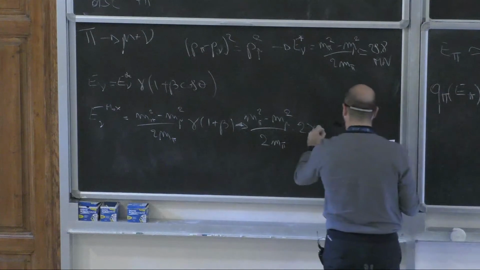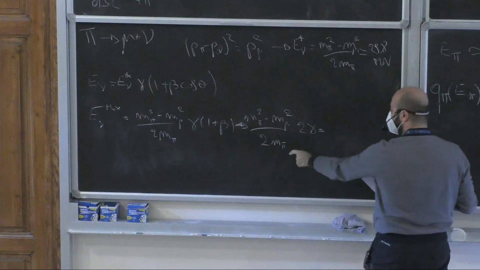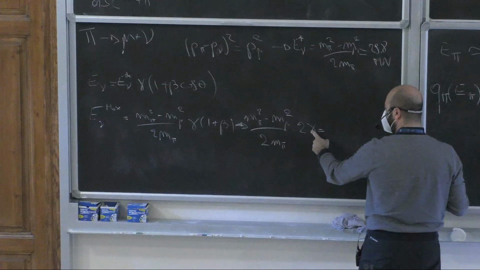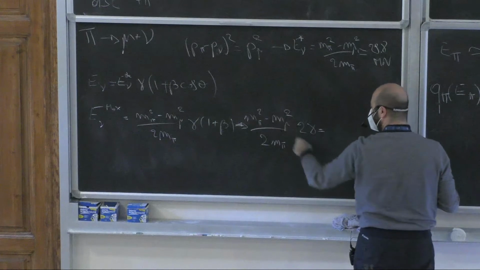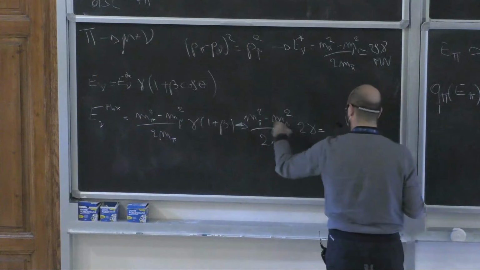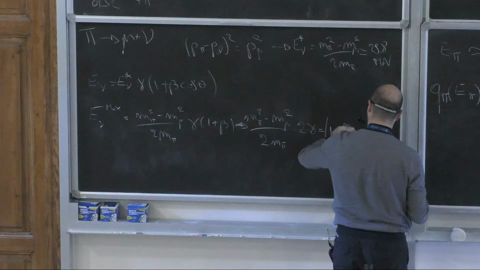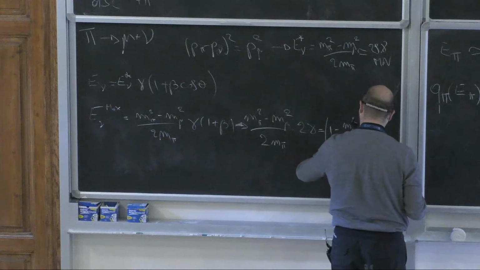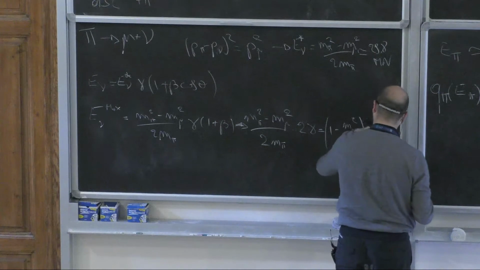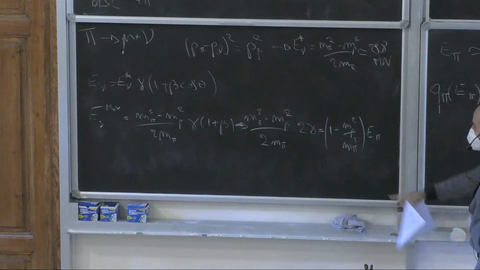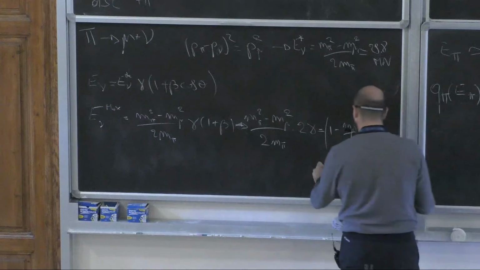And this you can write simply: you multiply and divide by m pion. This becomes the energy of the pion, and the mass goes away, of course. And this gives you a constant, which is 1 minus the mass of the muon squared over the mass of the pion squared, times the energy of the pion. This is valid in the ultra-relativistic limit.